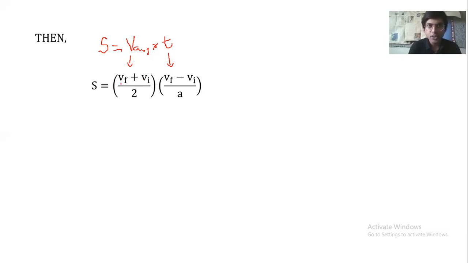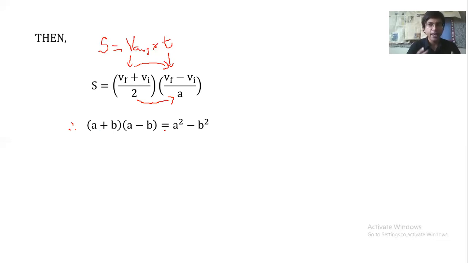So this is one bracket, this is another bracket. Numerator will be multiplied by numerator and denominator will be multiplied by denominator. In the numerator, you can see a formula: a plus b, a minus b is equal to a square minus b square. You have learned this in maths.